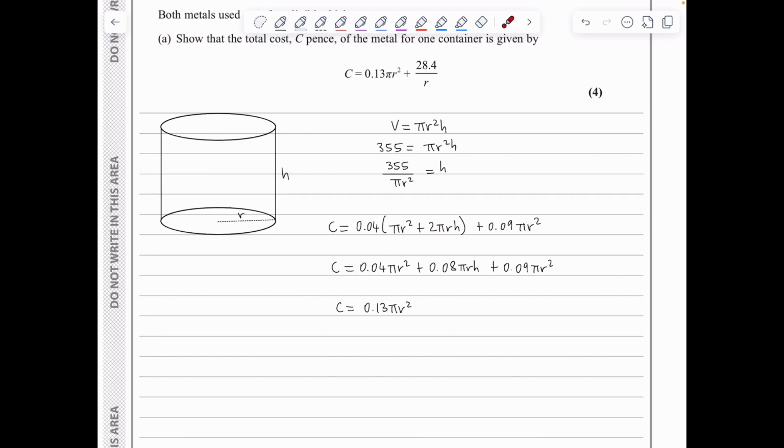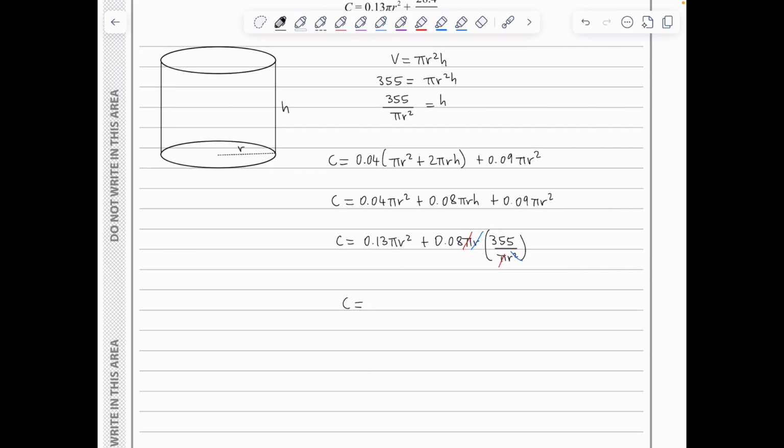I have added up the two pi r squared terms plus the 0.08 pi r times 355 over pi r squared. Now obviously the pi with the pi will cancel out, and then the r with the r squared will leave me an r in the denominator. So we are looking at C is 0.13 pi r squared plus 28.4 over r as required.